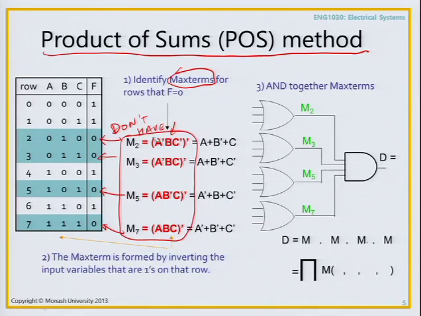So you've got A prime, B, C prime is what we're saying for this row. And we've got not A prime, B, C, and not A, B prime, C, and not A, B, C prime. Now you've noticed you've got all these nots over a term which has 3 variables in it.